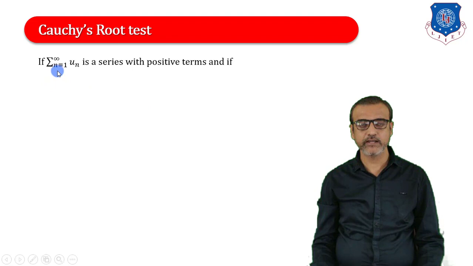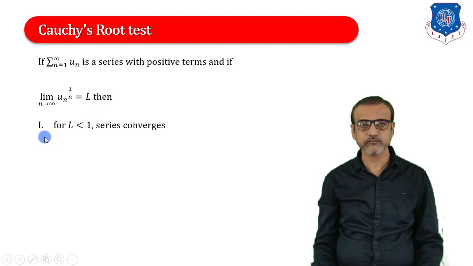If sigma n from 1 to infinite, un is a series with positive terms, and if limit n tends to infinite, un raised to 1 upon n is equal to L, then first condition, for L less than 1, series converges.